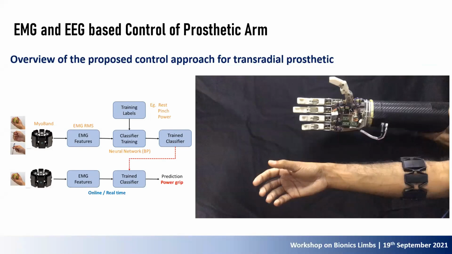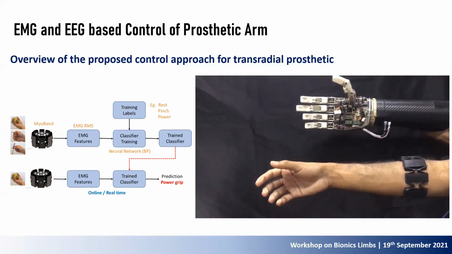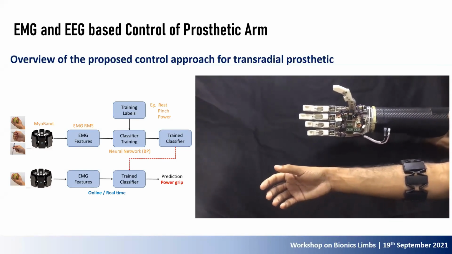At first, we train a classifier. We use a backpropagation neural network classifier to map the EMG signals to the required positions. Finally, we use the trained classifier to control the prosthetic hand in real time. You can see the video, which is after the training.